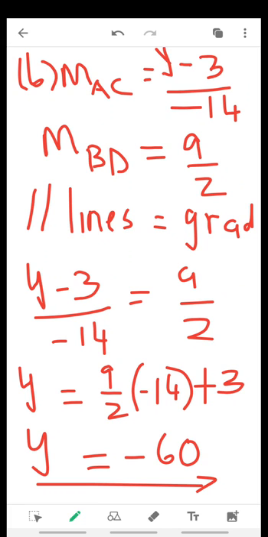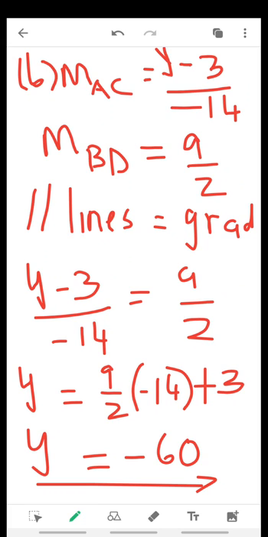Write down AC, allocate them as x1, y1, x2, y2, as well as BD, allocate them as x1, y1, x2, y2, then use the gradient formula, m equals y2 minus y1 over x2 minus x1. Then you will find the gradients that I have found here.